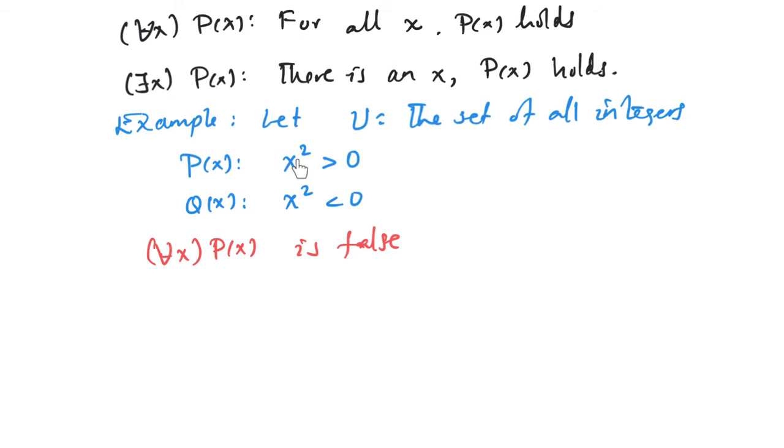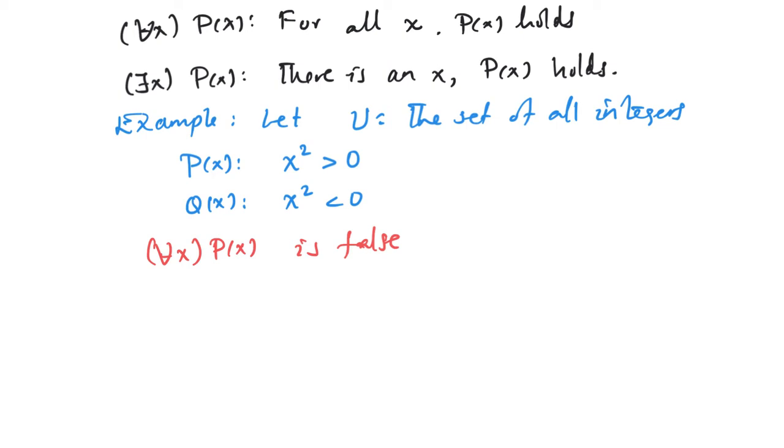Now, if you pick any element randomly from this set of all integers, as long as that number is non-zero, x squared is obviously greater than 0. But the only number where x squared greater than 0 is false is the number 0.